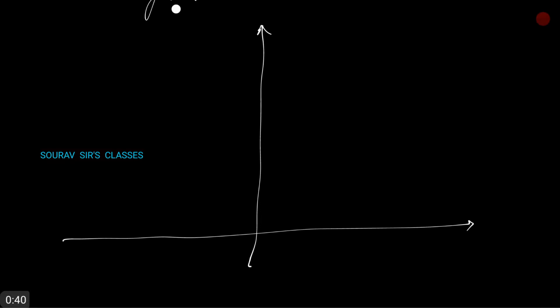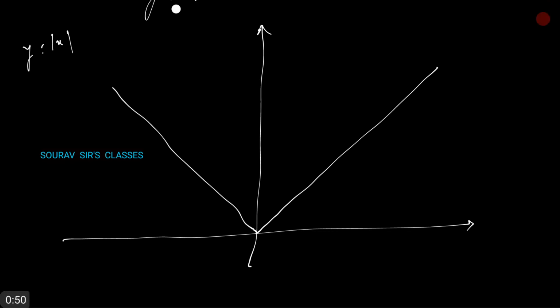For the graph y equals mod x, we have y equals x when x is positive and y equals minus x when x is negative. Right. So this is y equals x, and this is y equals minus x.